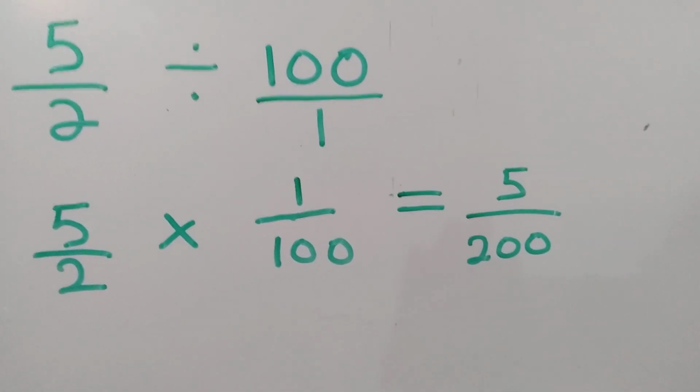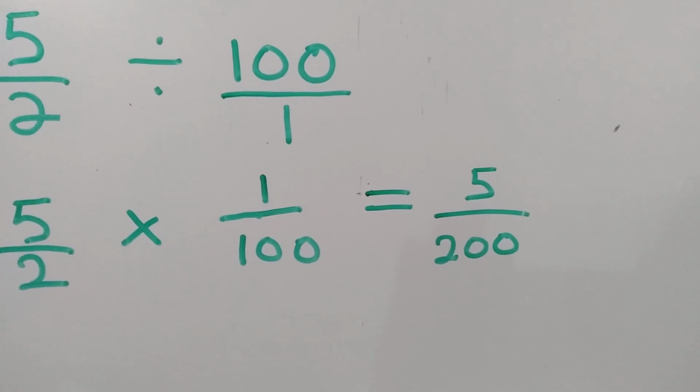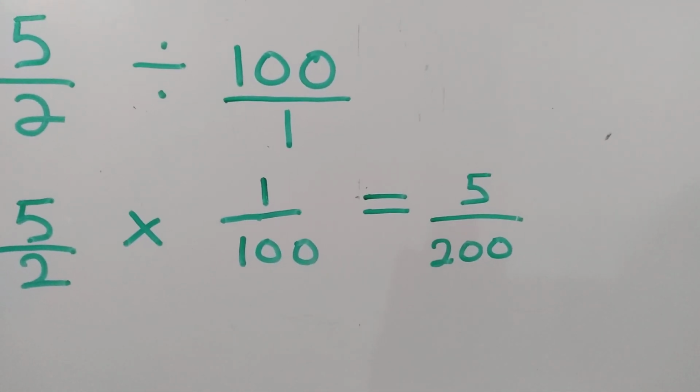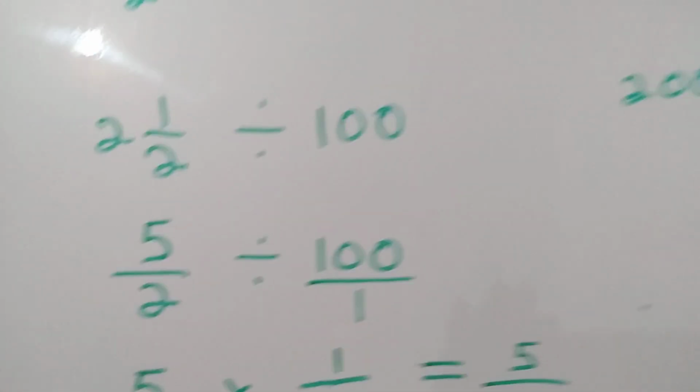Now, we could simplify this as we should. Right? But I'm not going to do that right now to avoid any confusion. So I'm going to take you to the next step. So 5 over 200 means 5 divided by 200. That's what it really means.